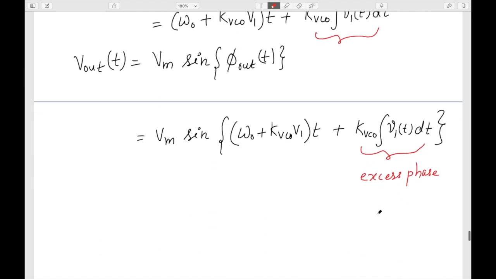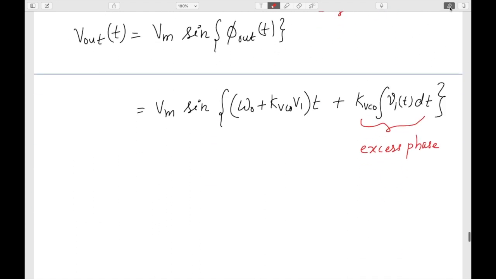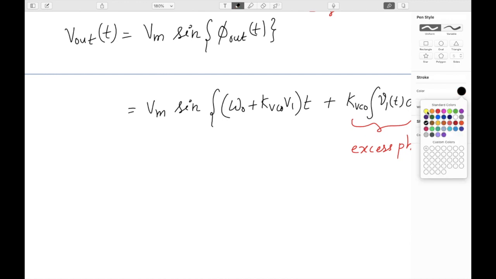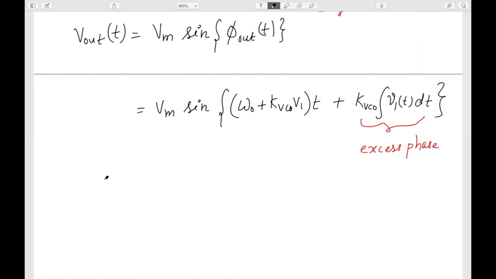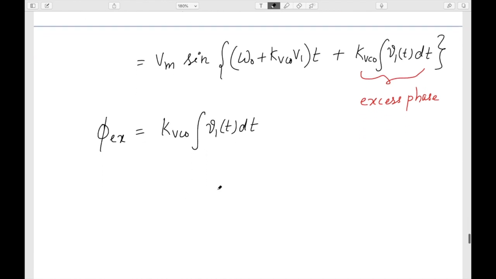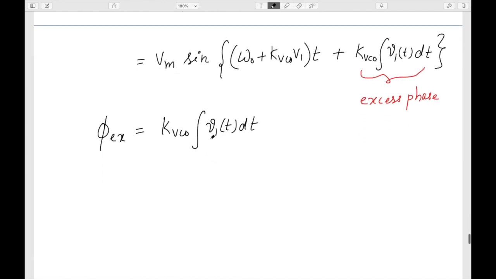So what I can write is, I can define the additional excess phase as KVCO times the integration of v1(t) dt. Because of the small change in the control voltage, I have an additional excess phase.